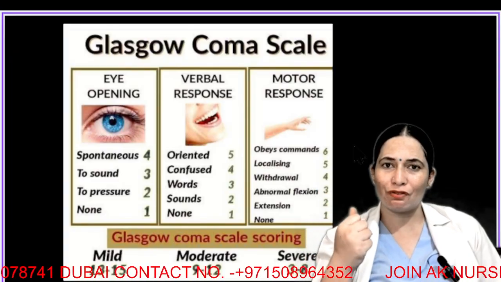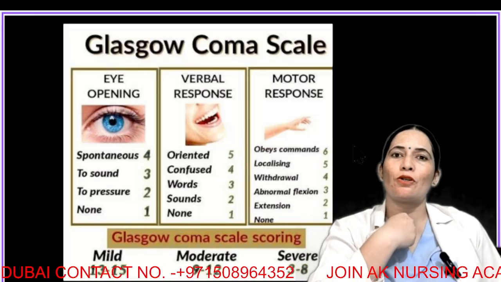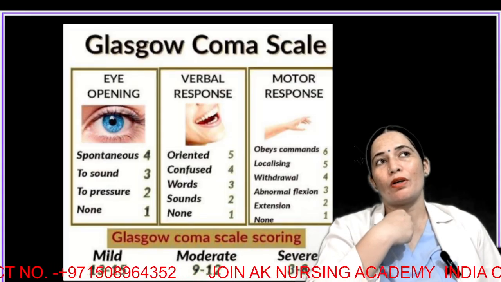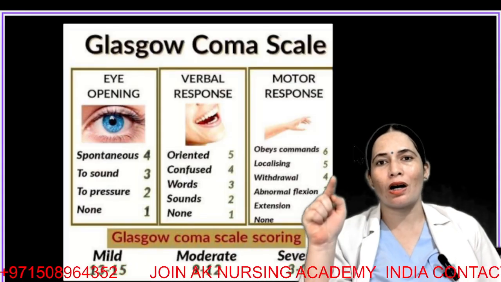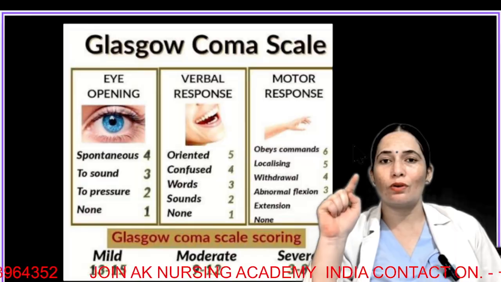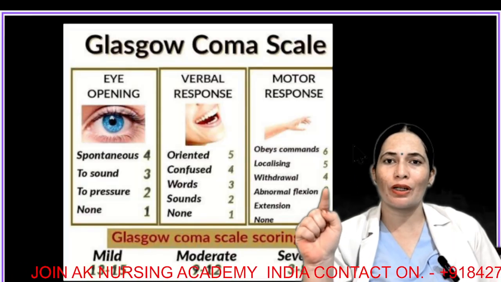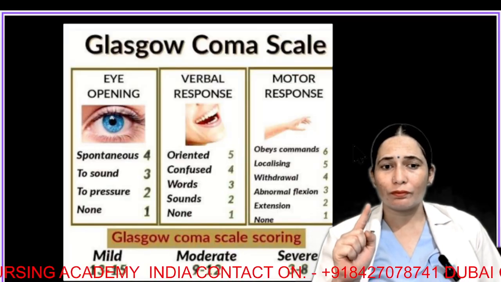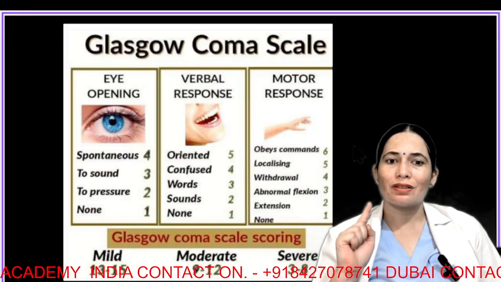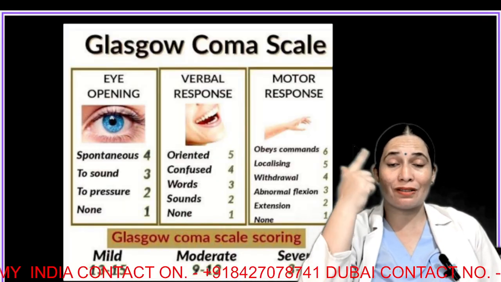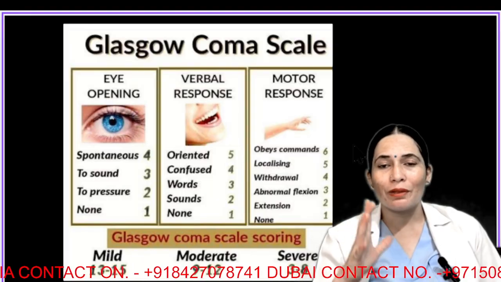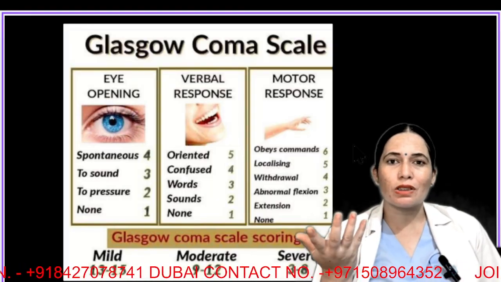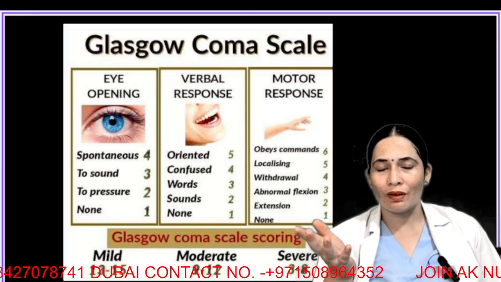He just makes a fist and flexes toward the axis of the body. Cortic means core of the body, center of the body. So we can say the patient's brain is affected with head injury, brain injury. So he is not responding properly, right?